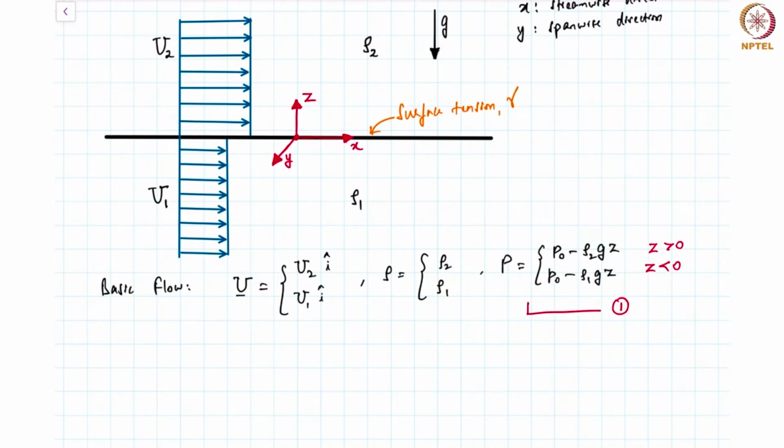Then the plan is the following. The plan is that on this base state we will introduce a perturbation. I'll show the perturbation in green. So I have a flat interface. On this flat interface I will introduce a perturbation.